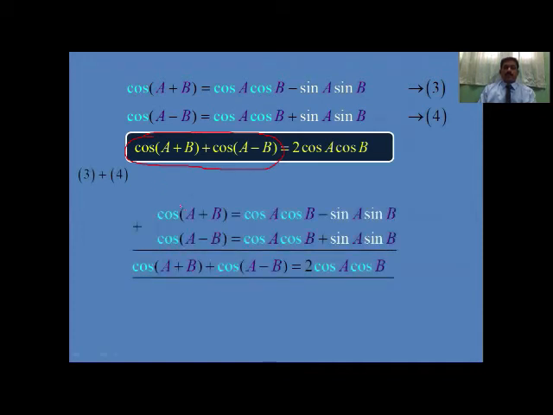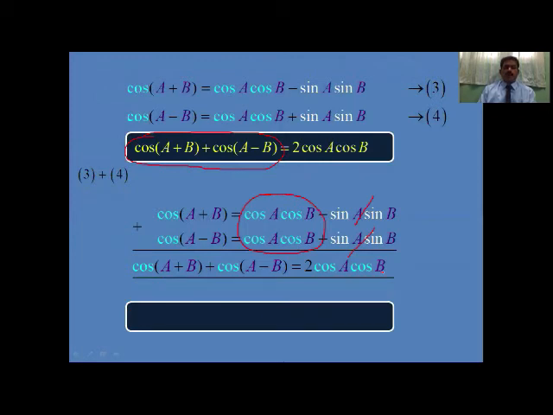The addition gives cos of (A plus B) equal to cos A cos B minus sin A sin B, plus cos of (A minus B) equal to cos A cos B plus sin A sin B. If we add these two terms, the sin A sin B terms look the same and cancel, and your left hand side is cos of (A plus B) plus cos of (A minus B) equal to your right hand side. These two are same terms, so we can write twice. We can add and write it as 2 cos A cos B.